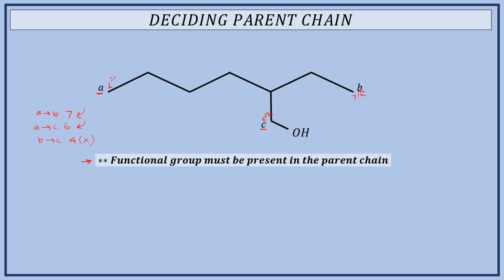If we choose AB as the parent chain, which has 7 carbon atoms, then this entire group will be the substituent. In this case we cannot choose AB as the parent chain. Rather, we will choose AC as the parent chain, in which case this group right here will be the substituent.